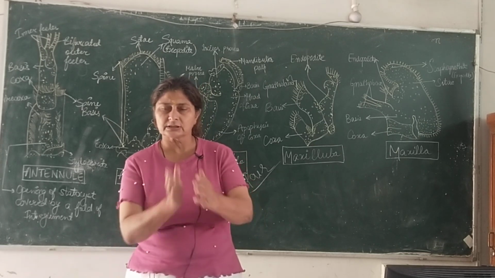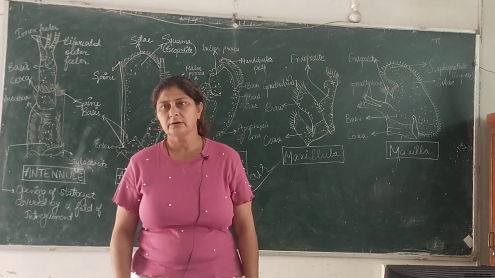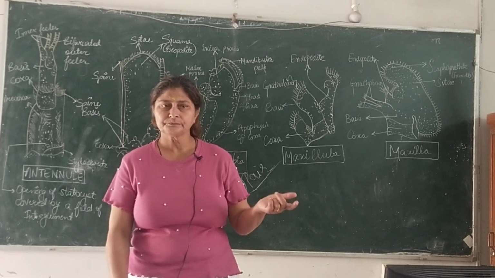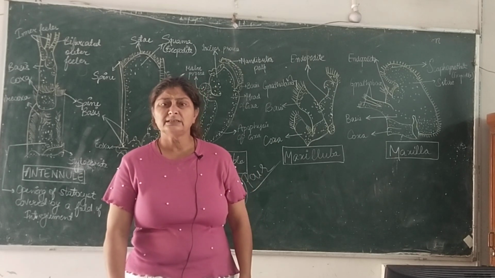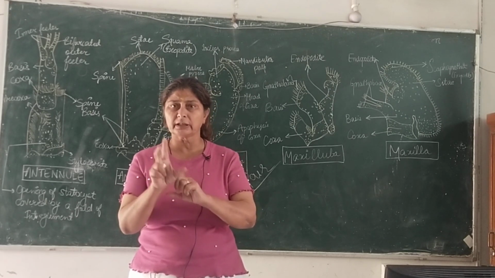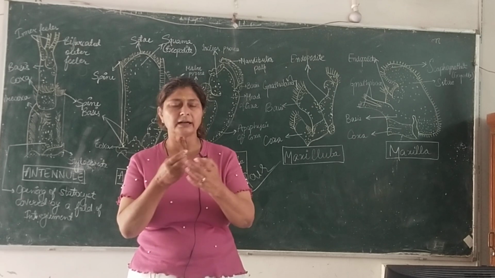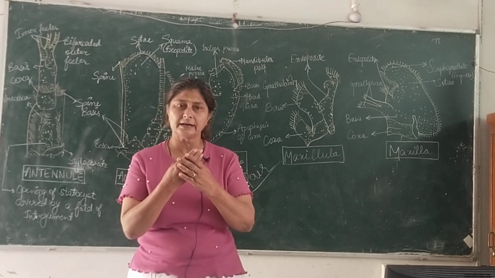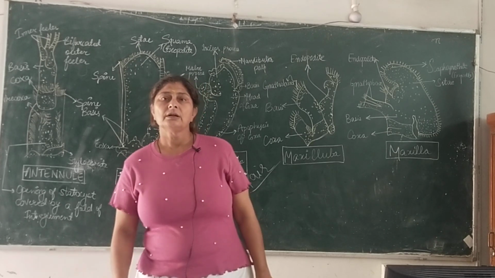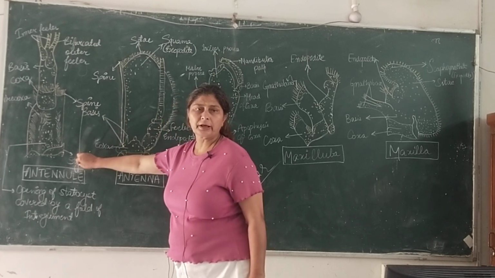The part on the inner side is called the endopodite. Basic 3 parts. The part that joins with the body is the protopodite, the one seen on the outer side is the exopodite, and the one on the inner side is the endopodite.